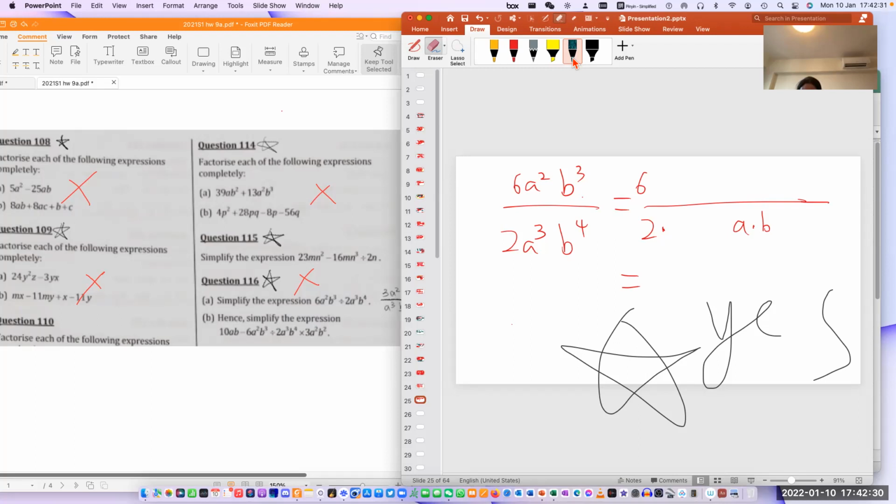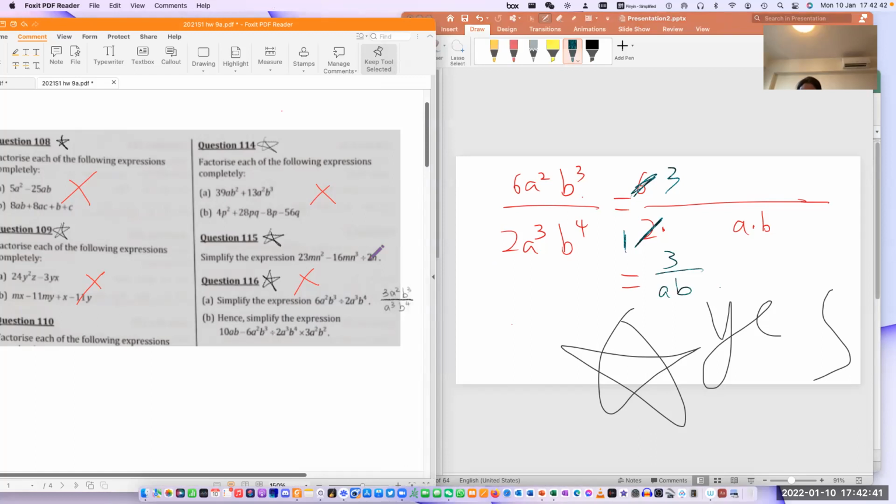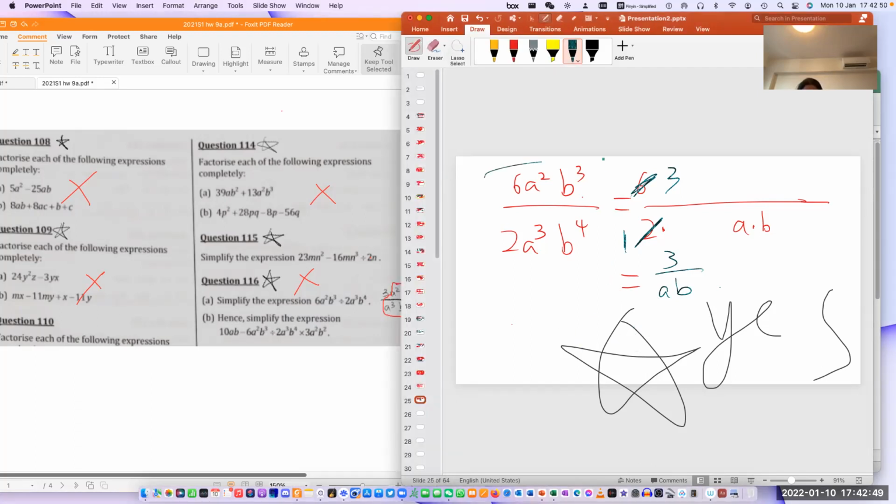And then of course, I think you can see that 6 you can divide by 2, get 3. Divide by 2, you get 1. So the answer is 3ab. Did you get 3ab? No, you didn't simplify this part. So are you clear how you can actually simplify this?